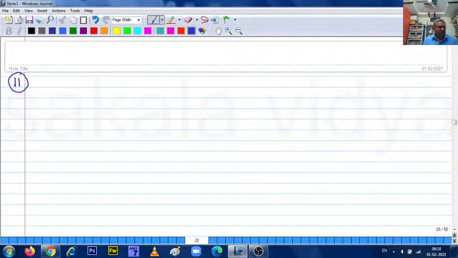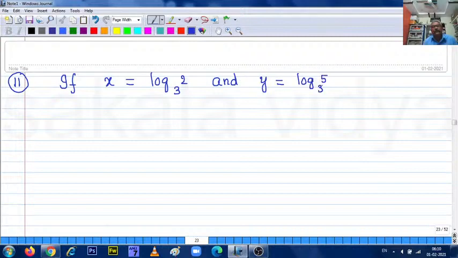So, 11th question. If x equals log 2 base 3 and y equals log 5 to the base 3, then express the following in terms of x and y.